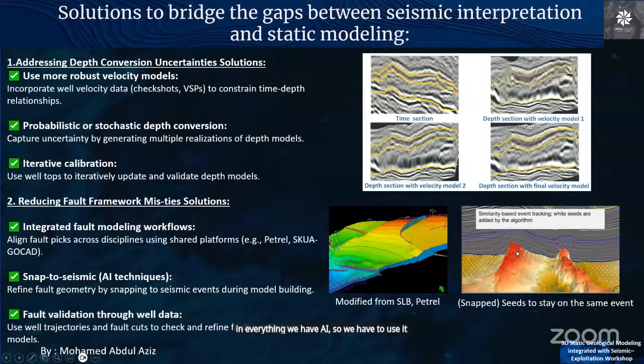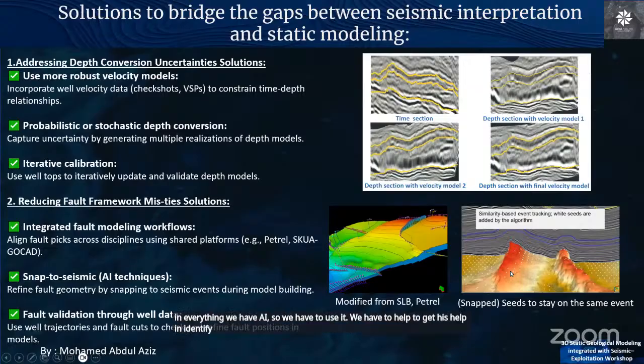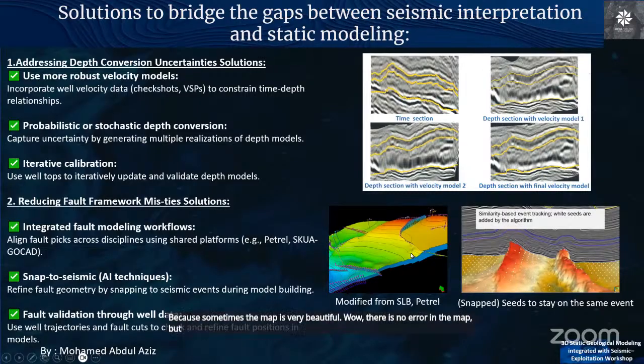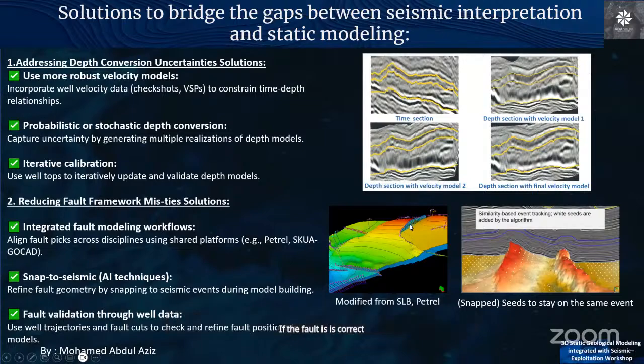We have to get its help in identifying the same event all over the cube. Because sometimes the map is very beautiful. Wow, there is no error in the map, but actually, is it right? If the fault is correct, you get my point. Is there geological sense?